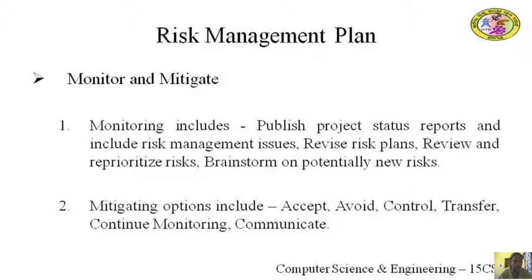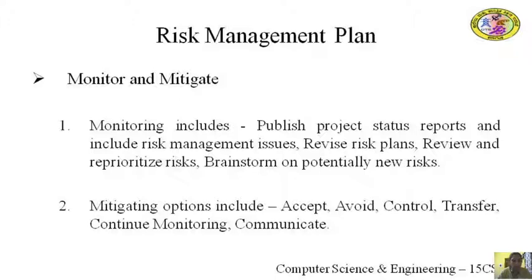Monitoring includes publishing project status reports that include risk management issues. Revise risk plans according to any major changes in project schedule. Review and reprioritize risks, eliminating those with the lowest probability.